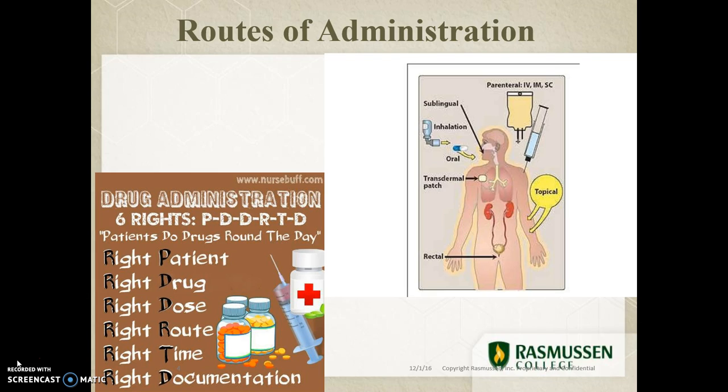That could be orally, parenterally, sublingually, by inhalation, by topicals, by drops or suppositories. And I'm going to go more into detail with these when we talk about chapter 55. But for right now, I'm going to just leave that in your mind's eye to think about.